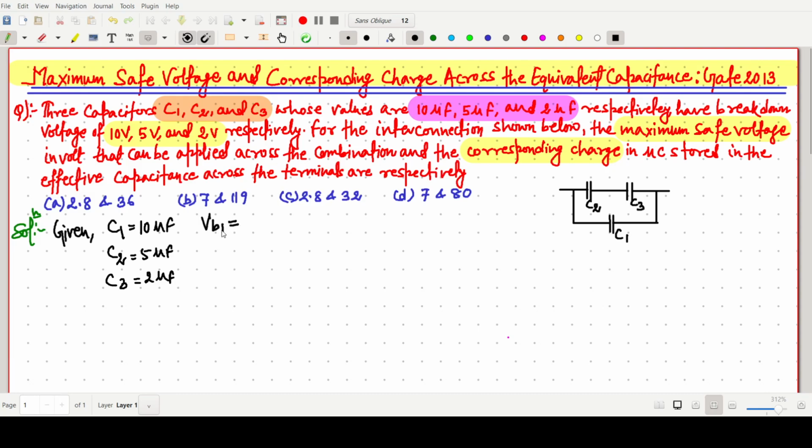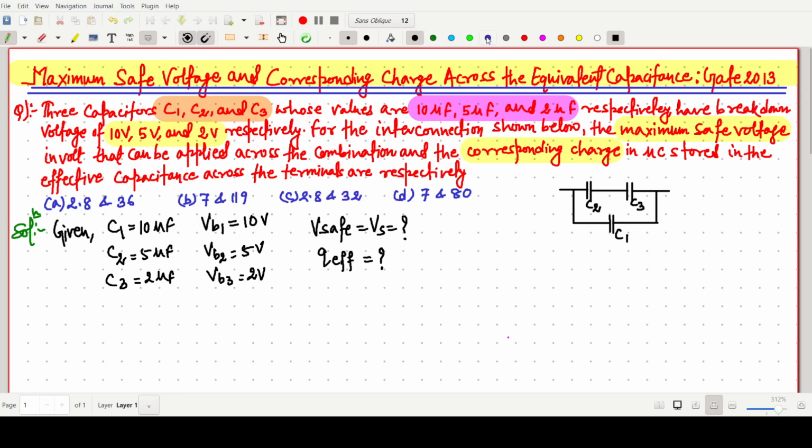I am writing VB1 for the capacitor C1 as 10 volt, VB2 as 5 volt, and VB3 as 2 volt. We have to find the maximum safe voltage, V safe or Vs, and the Q effective. So these two things we have to find.